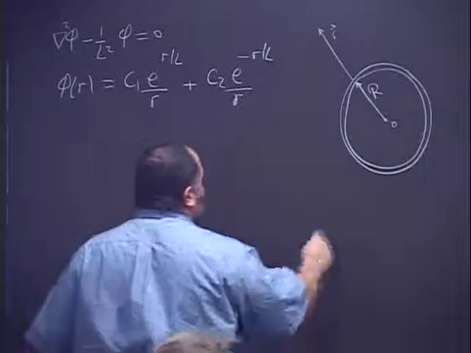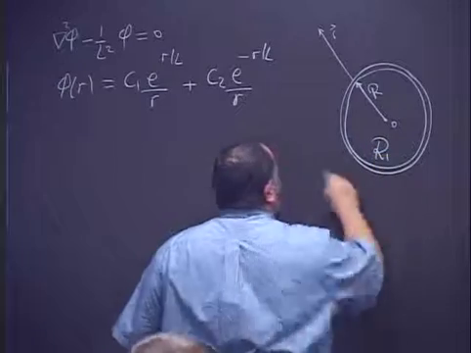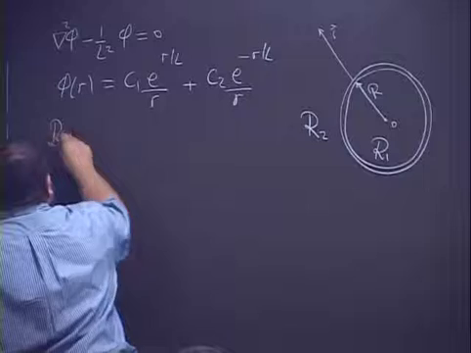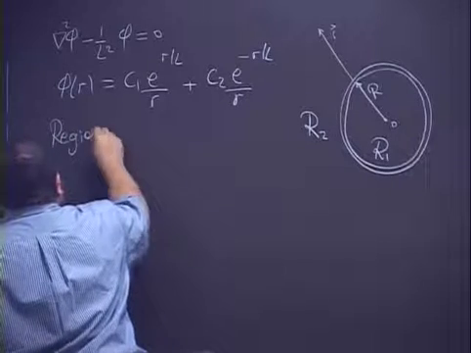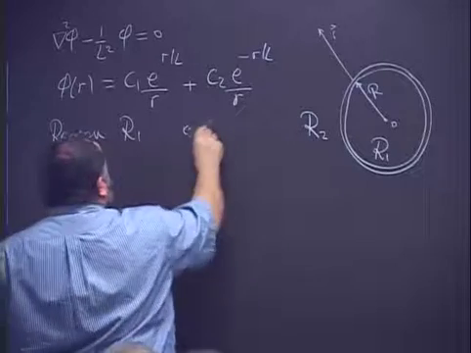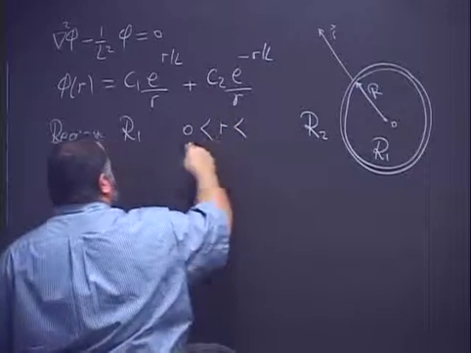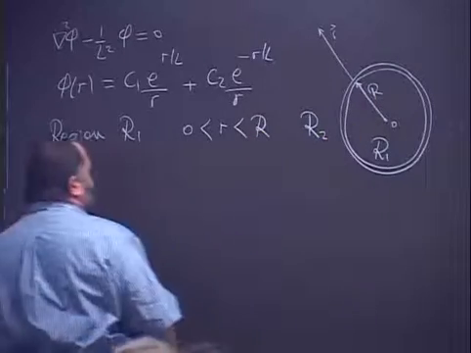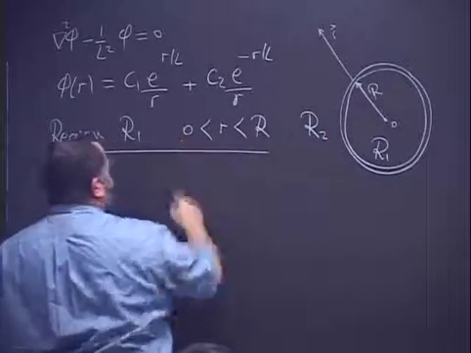So we have two regions, region 1 and region 2. Region R1 is just defined as r small is less than R capital, which is the radius of the circle, and greater than 0.